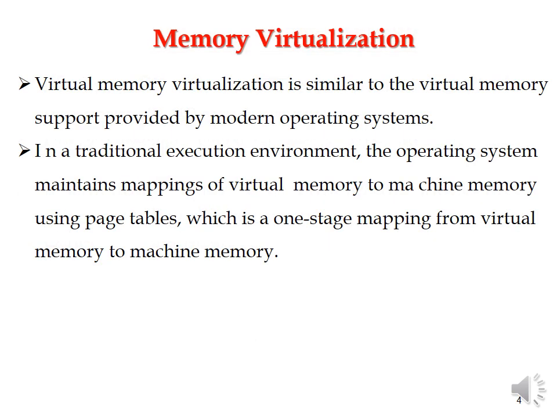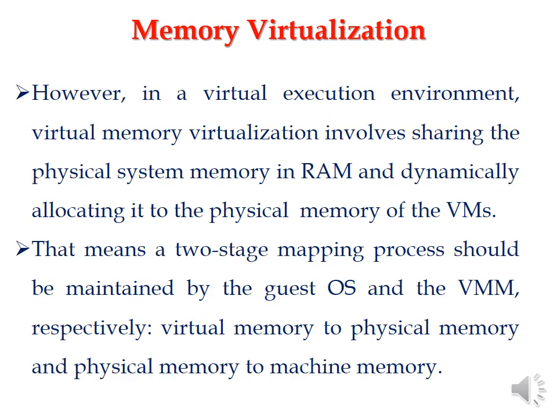First we will see what is memory virtualization. Virtual memory virtualization is similar to the virtual memory support provided by modern OS. In a traditional execution environment, the operating system maintains a mapping of virtual memory to machine memory using page tables, which is a one-stage mapping from virtual memory to machine memory, that is, physical memory.